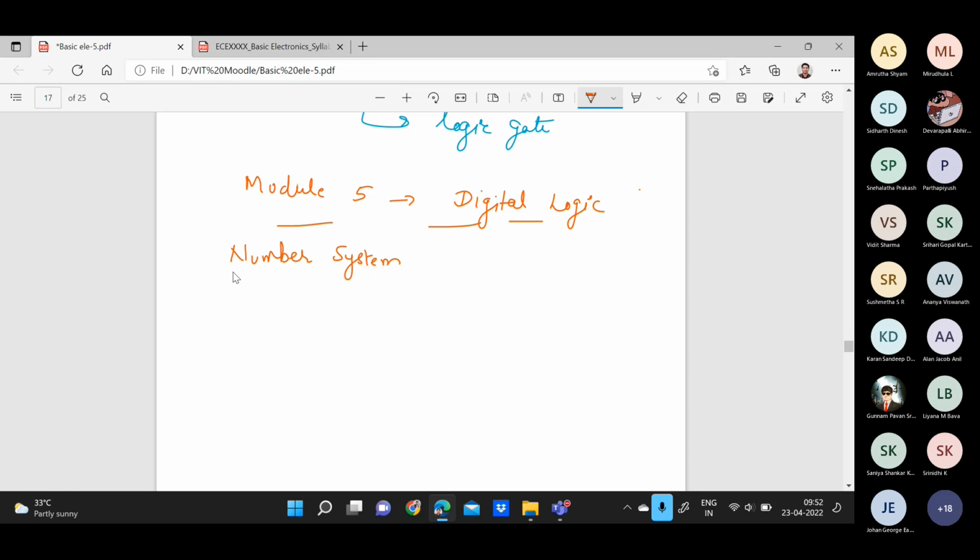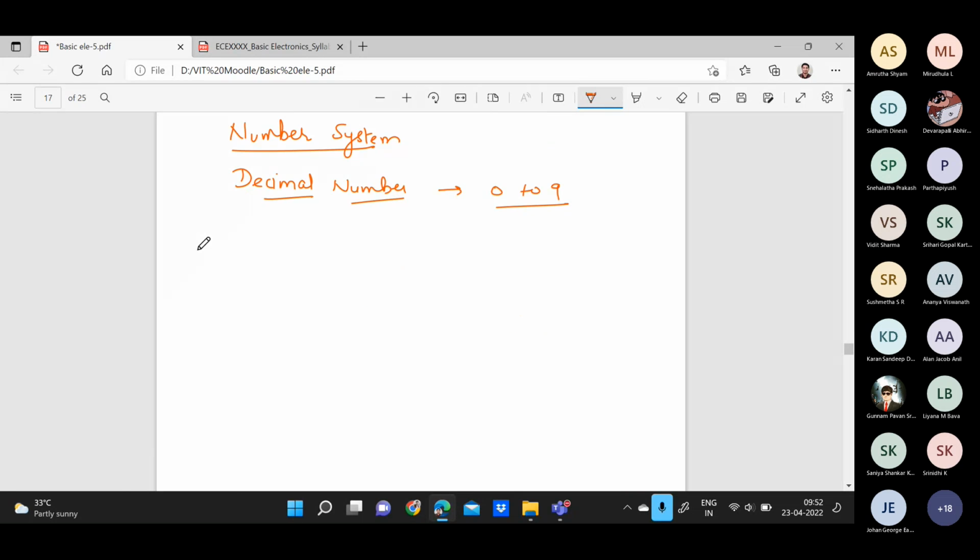All of you know about decimal numbers, which we generally use in our normal life. Decimal numbers have 10 digits, starting from 0 to 9, to represent any number. For example, to represent 5695, you can see this is 5, 6, 9, 5.